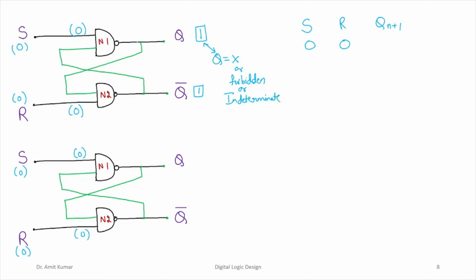If you want to verify the functionality using feedback, you can understand. So if this is a 1, from the feedback this has to be a 1. If this is 1, what can you say about this Q bar? It has to be a 0, right? So this is the feedback 0-0, output will be 1. This one will be made available to the input of this N2 gate.